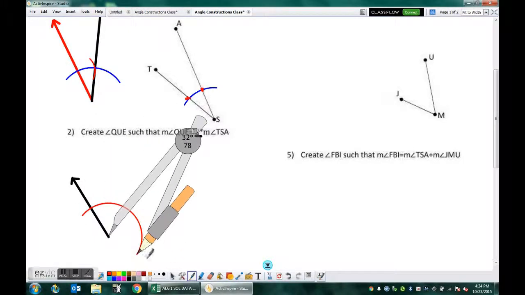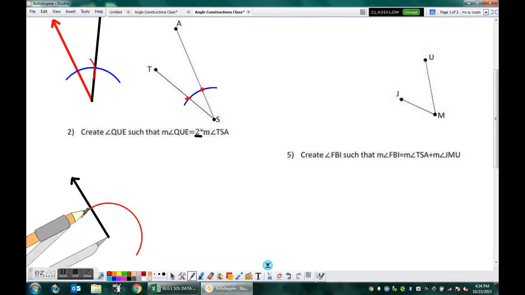Now you'll notice the difference between this one, number 2 here, and what I did for number 1 up here. I made my arc a lot bigger. The reason is that my arc is going to have to hold two of the angles, not just one. So it's going to open up a little bit more than just the regular TSA.